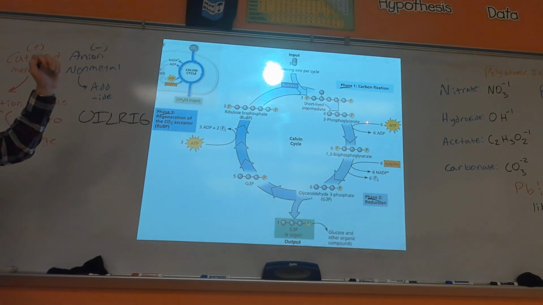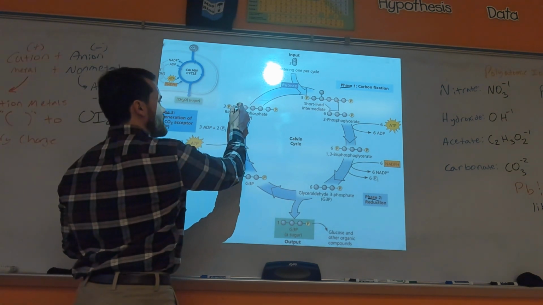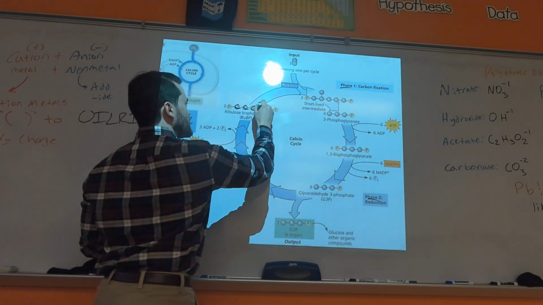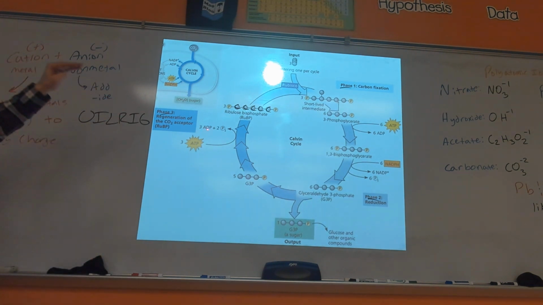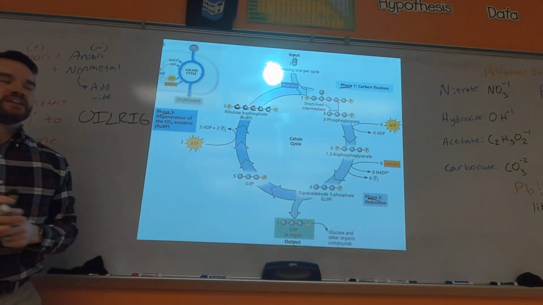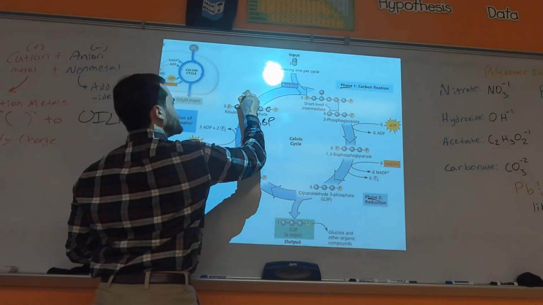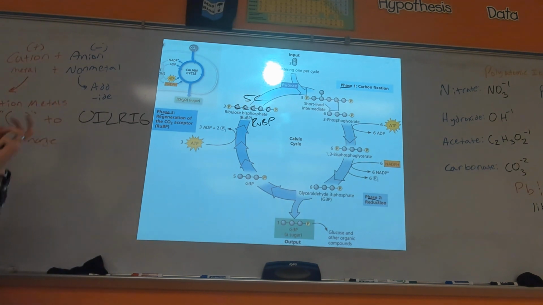So in phase 1, it's called carbon fixation. The name of it actually kind of makes sense, because what you're doing is you're taking a carbon-based compound. Each of these are representing carbon atoms. You're taking this carbon-based compound, ribulose bisphosphate, called RuBP. RuBP is a 5-carbon molecule. I want you to know that.